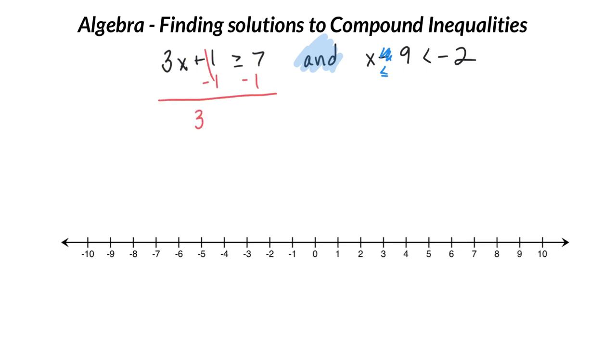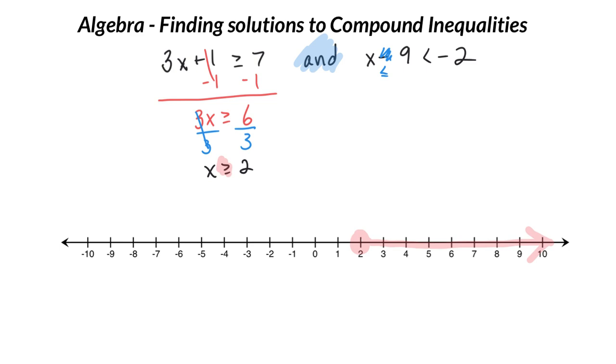So we have 3x is greater than or equal to 6. We're going to divide both sides by 3, and we get that x is greater than or equal to 2. So we're going to put a closed circle on 2, and we'll shade everything bigger than that.